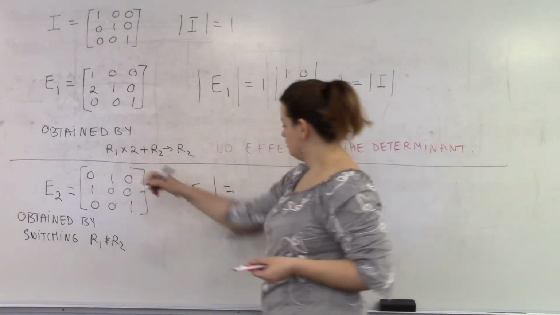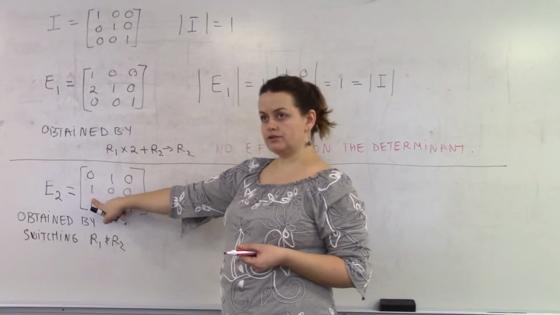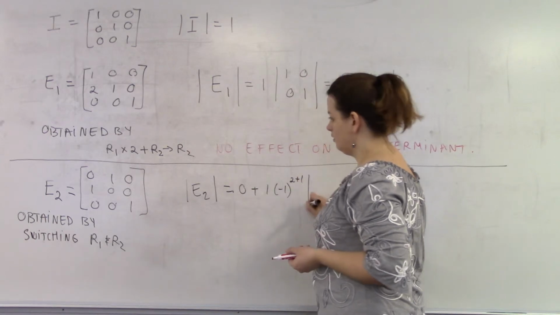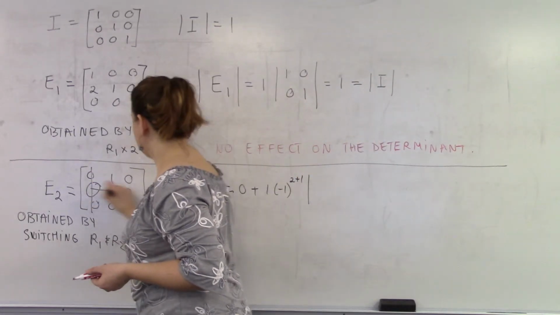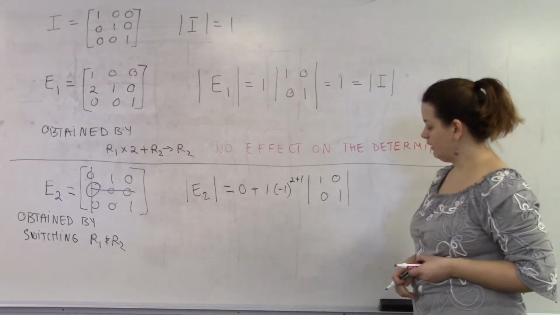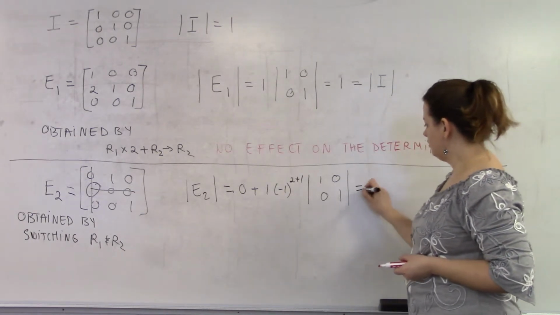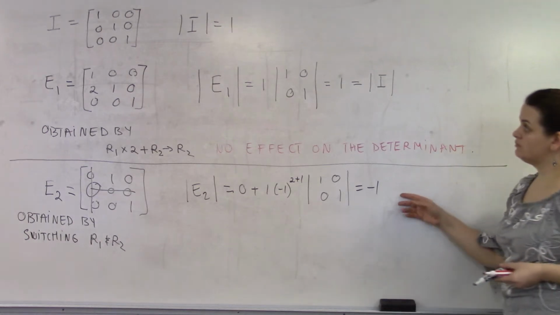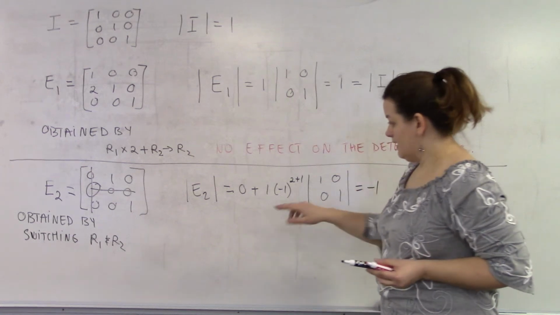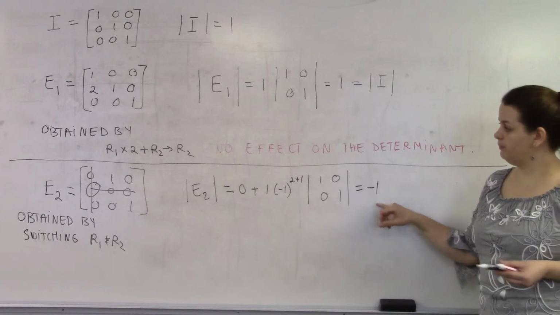And so you get 0 plus 1 times negative 1 to the power, first column, second row, so that's 2 plus 1, times the resulting minor, which is the determinant of 1, 0, 0, 1. Okay, the determinant of this is 1, this is a negative 1, so the determinant of that is negative 1. So it seems like switching 2 rows has the effect of multiplying the determinant by a factor of negative 1.